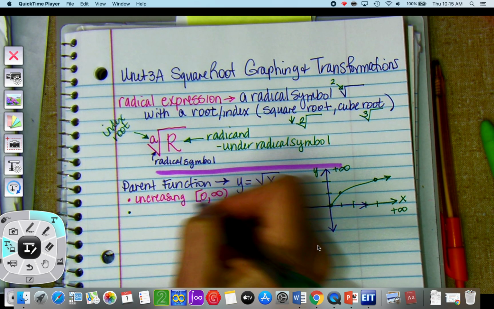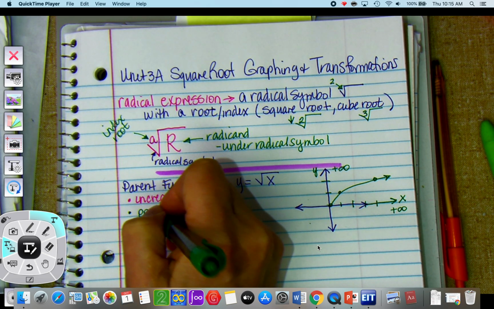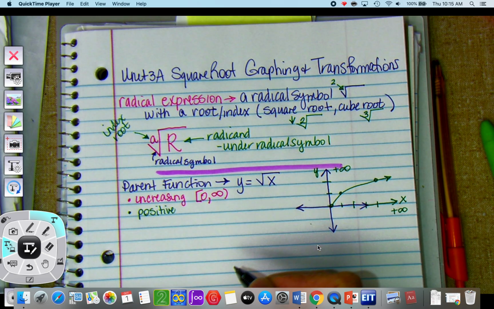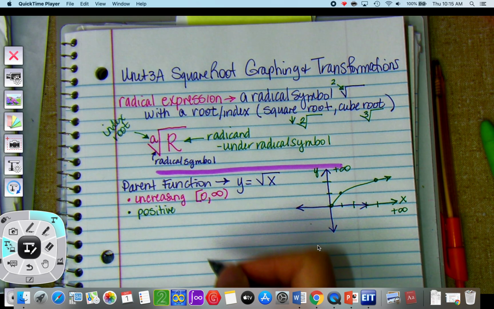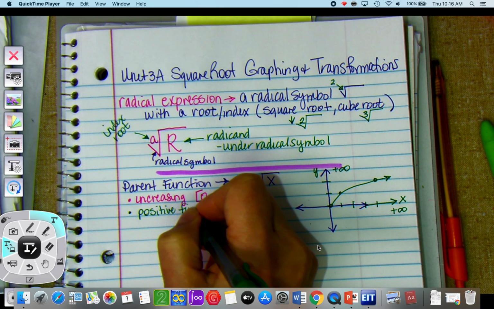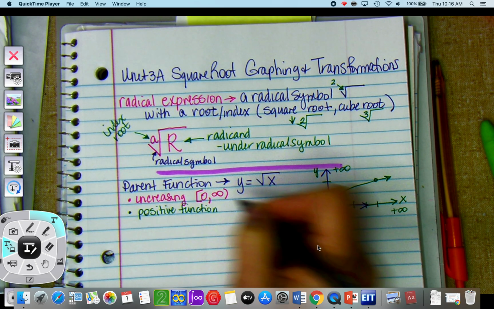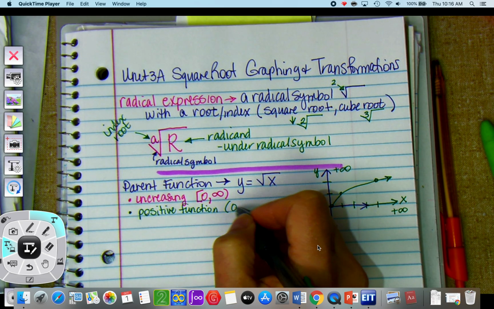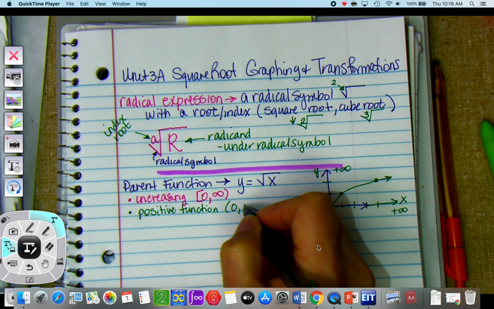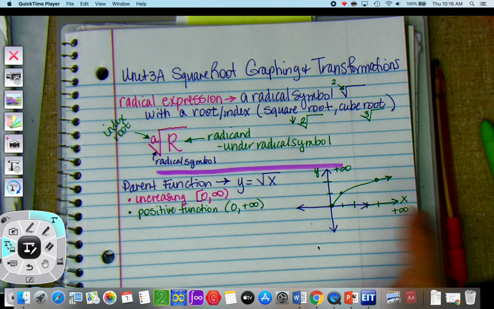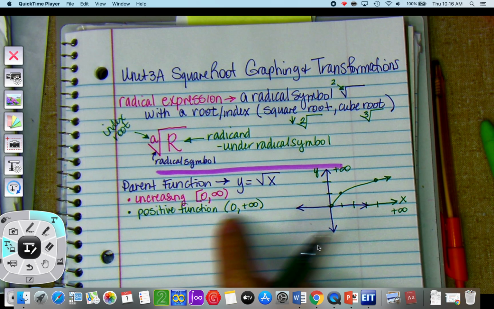Also, it is a totally positive function. So it has a positive interval because it is a positive function entirely, and that starts at 0 and once again heads towards positive infinity. You can't include 0, so that's why I have the parenthesis.